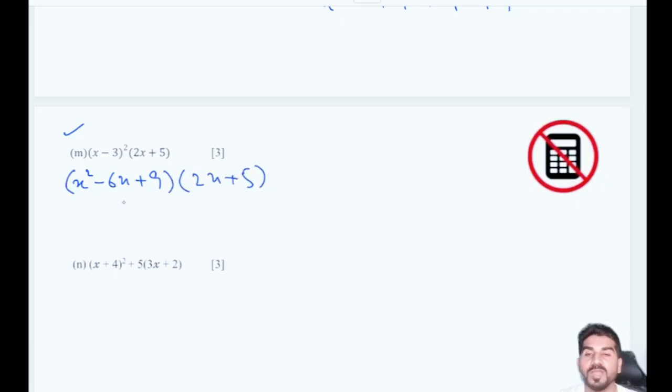And now there will be x square times 2x, it will be 2x cubed. Then 2x times negative 6x, it will be negative 12x square. Then 2x times 9, it will be 18x. Then 5 times x square, it will be positive 5x square. 5 times negative 6x, it will be negative 30x. 9 5s are 45.